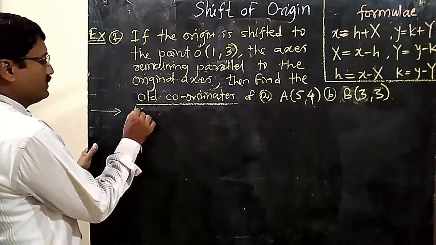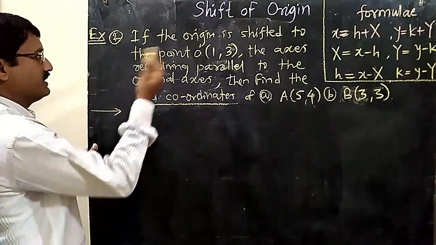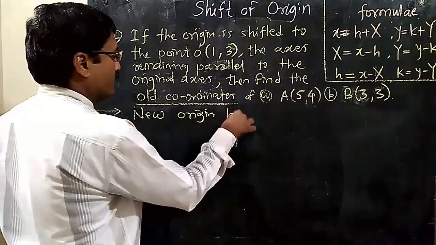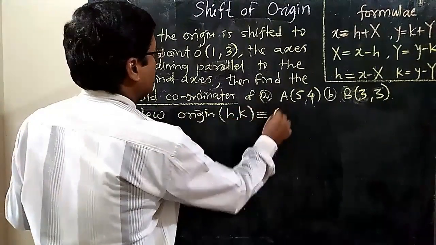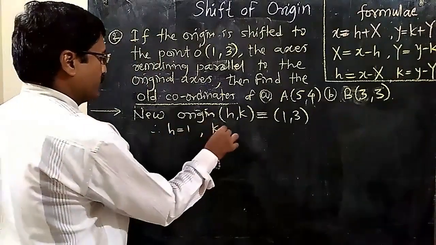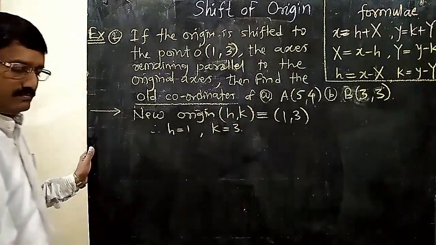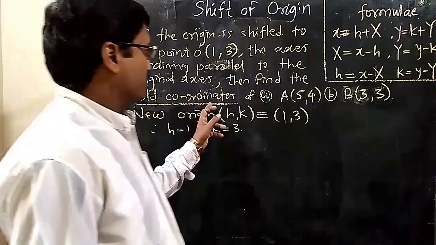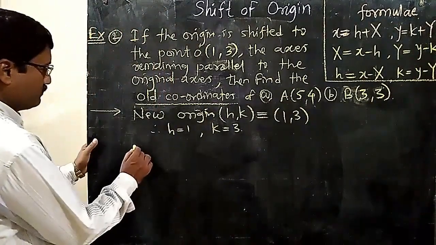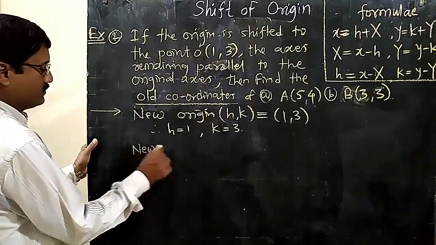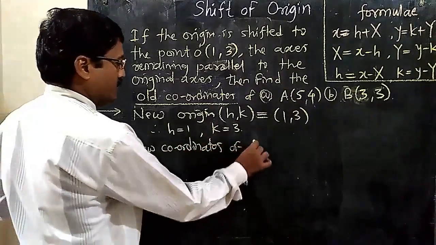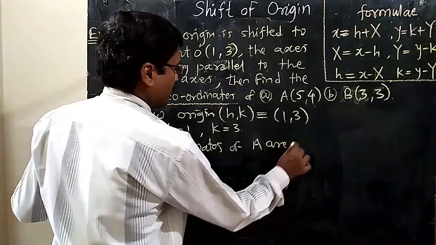Here we write new origin, or origin is shifted to O dash, new origin h, k is 1, 3. Therefore h equal to 1, k equal to 3. Then old coordinates we have to find. It means these are new coordinates. So here new coordinates of point A are 5, 4.